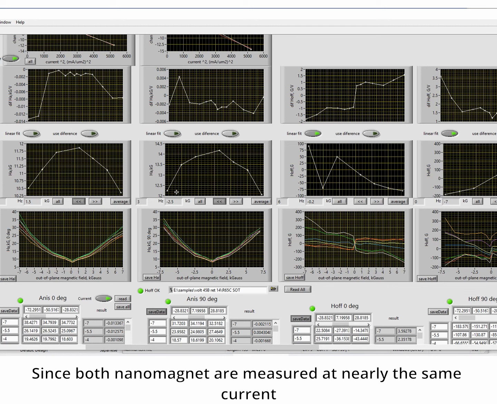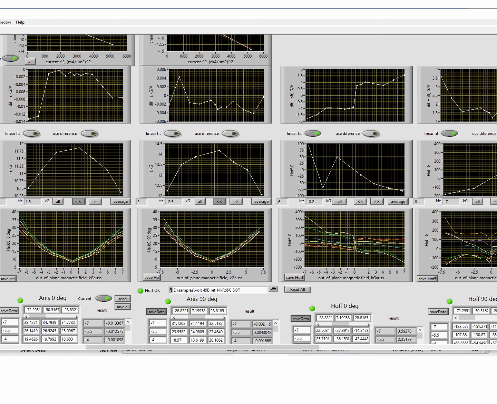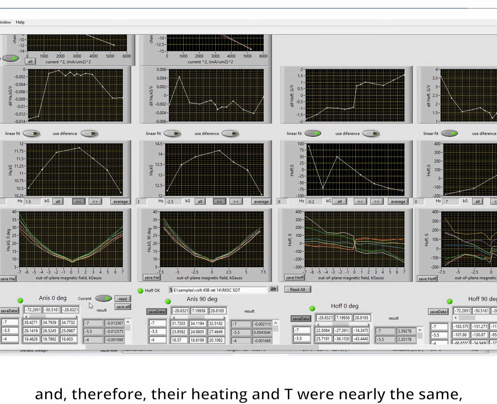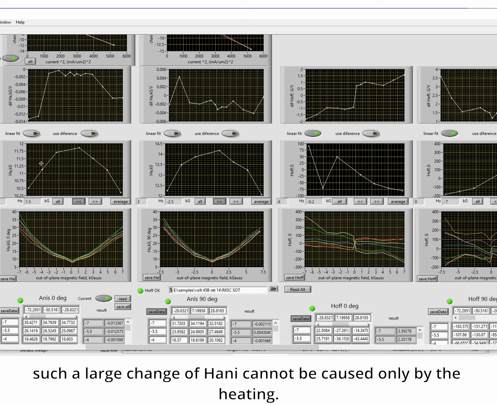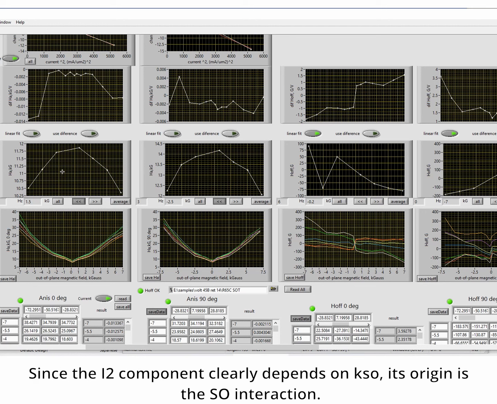Since both nanomagnets are measured at nearly the same current, this is the highest current, and therefore the heating and temperature were nearly the same, such a large change of anisotropy field cannot be caused only by the heating. Since this current square component clearly depends on the coefficient of spin-orbit interaction, its origin is the spin-orbit interaction.